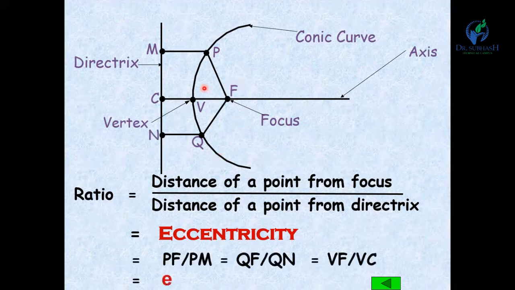Now, as per our definition, the eccentricity, PF by PM is equal to QF by QN is equal to VF by VC is equal to a constant, and it is denoted by e, and it is known as the eccentricity of a curve.